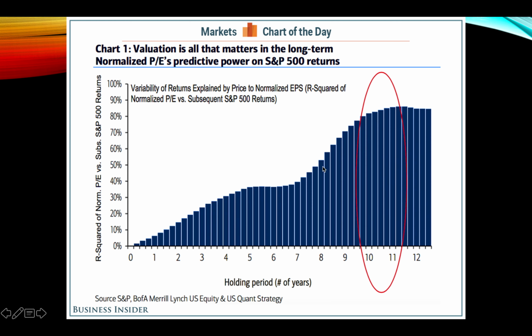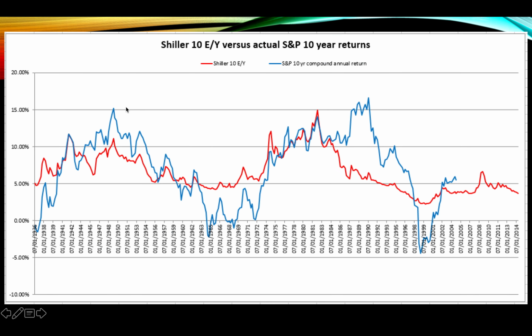Over the short term, the predictive power of the normalized PE ratio for the next year, 3 years, 5 years, 7 years is not a lot, 40% or less. But out at about 10 years or more, the predictive power becomes quite strong, about 80 to 90%. Here is the Shiller 10 EY, basically the PE ratio reversed, versus the actual 10-year returns that we're seeing.